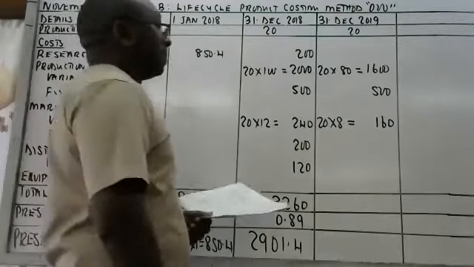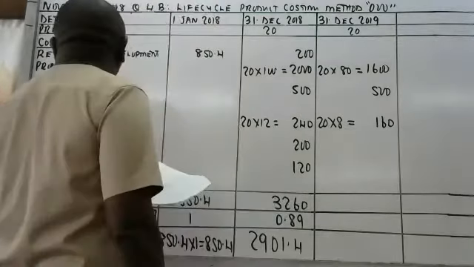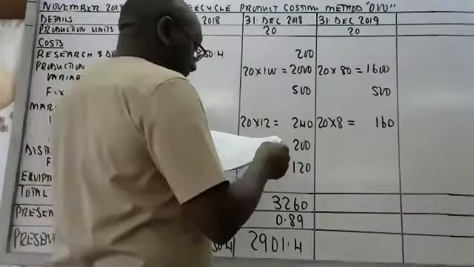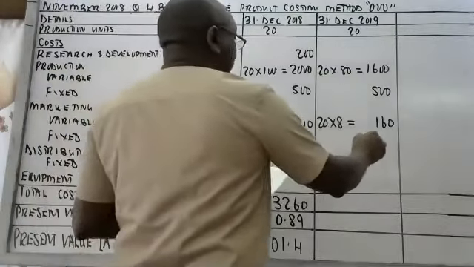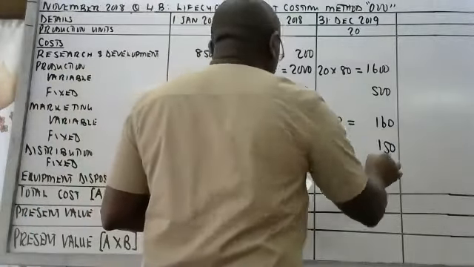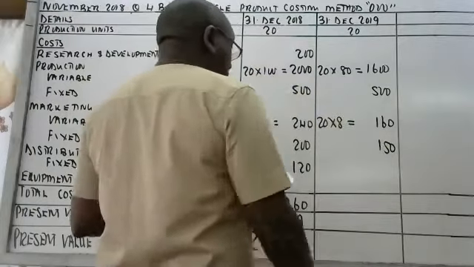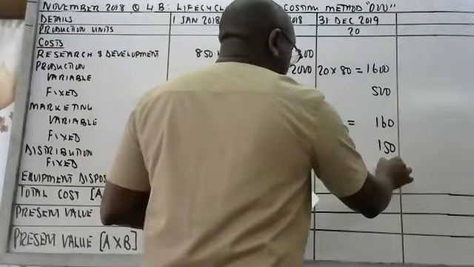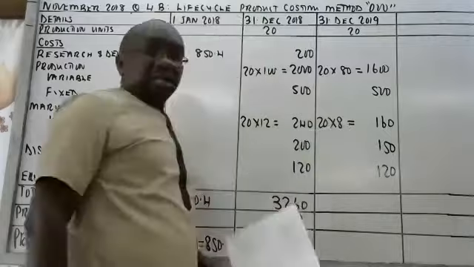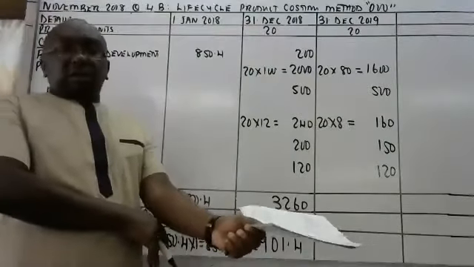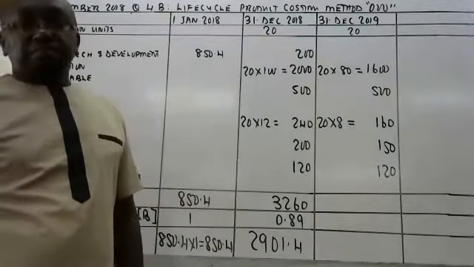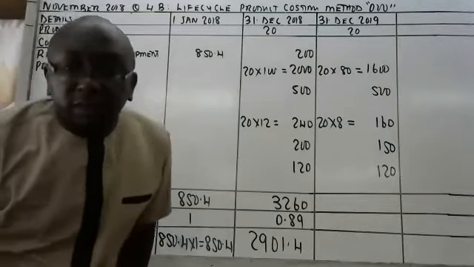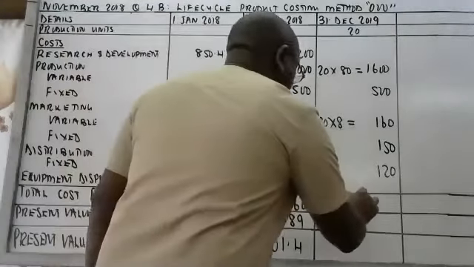Good. For the fixed marketing, it is 150. Distribution is 120. There is no disposal. So give me the total. 2530.